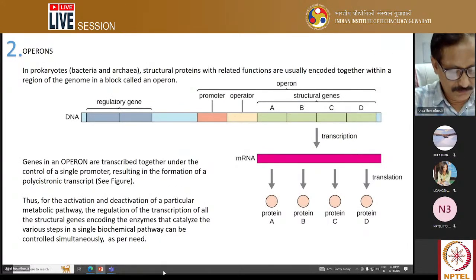We have briefly already discussed operons, but here let me once again elaborate the discussion on operons.